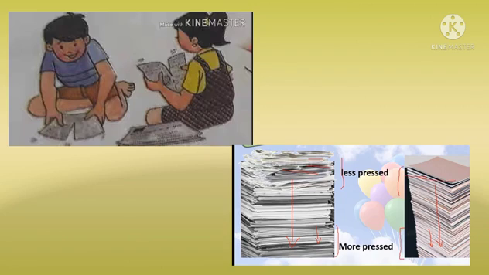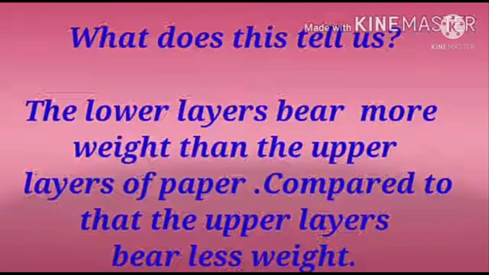The distance between the papers in the lower part of the pile becomes less, while the papers in the upper part appear to be further apart. What does this tell us? The lower layers bear more weight than the upper layers of paper. Compared to that, the upper layers bear less weight.